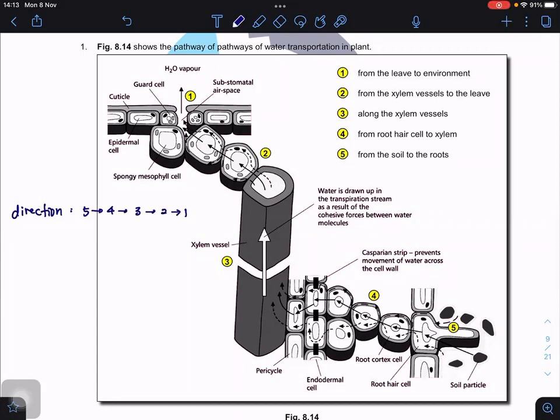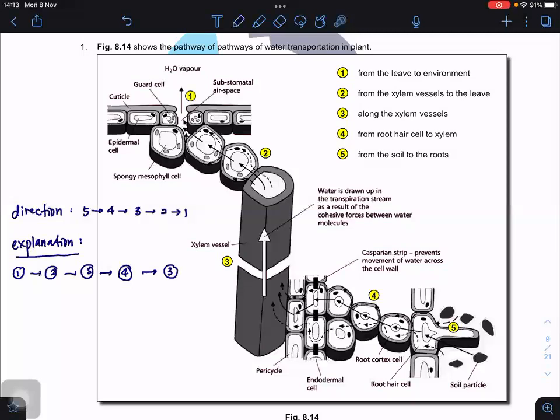Okay, so now, in terms of explanation, I will start with 1, then number 2, then number 5, number 4, and then only number 3. Then you can see the whole story.